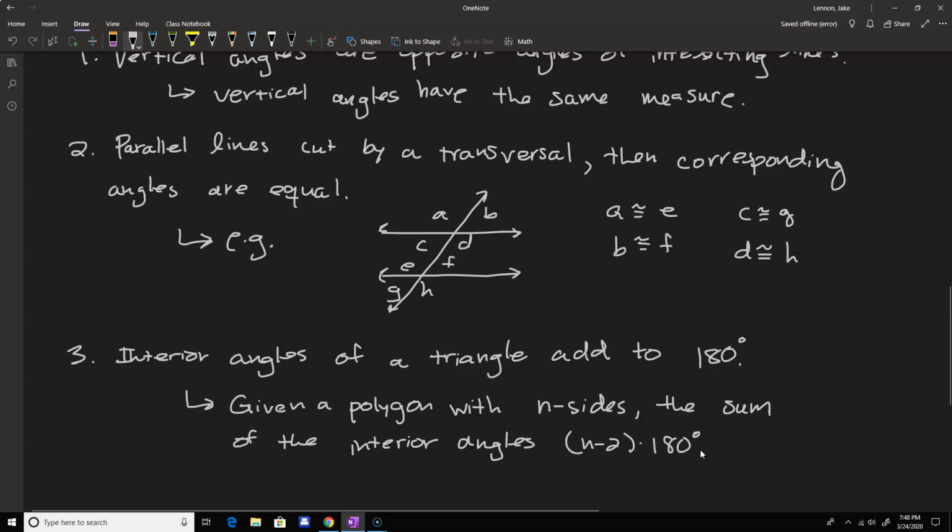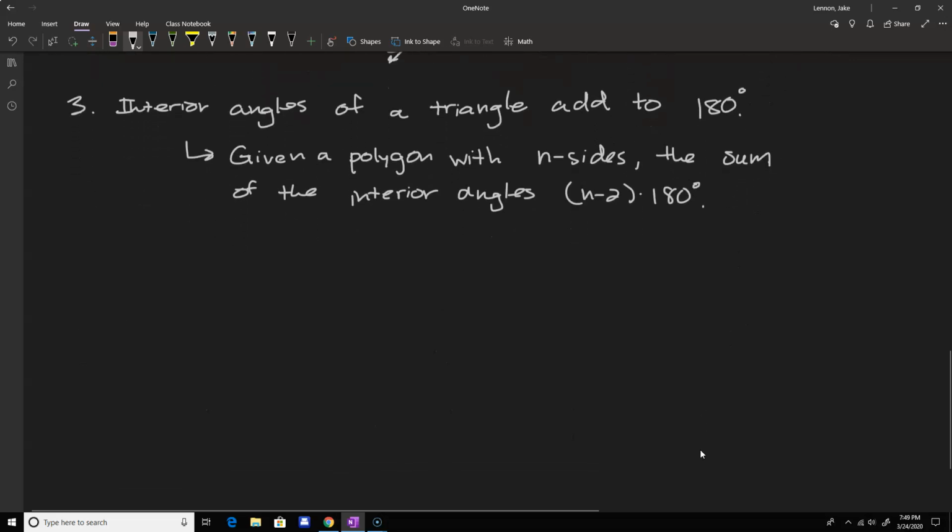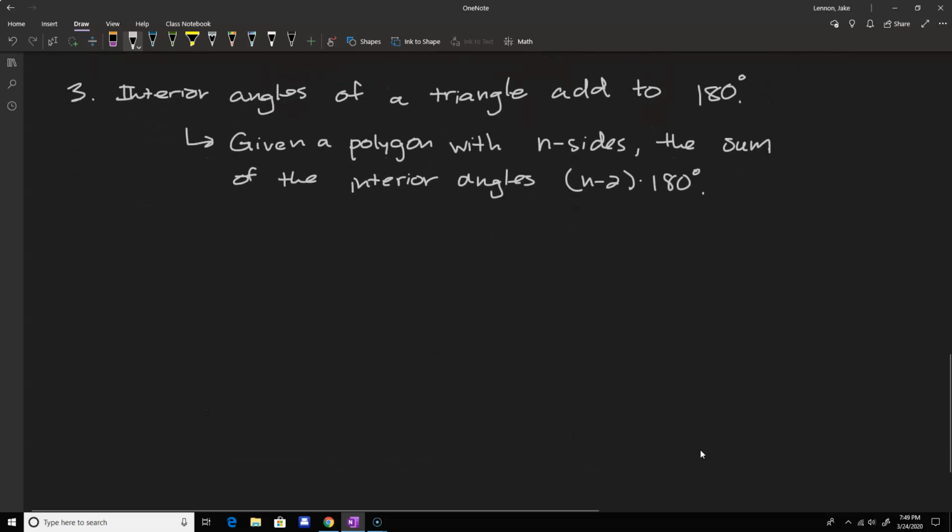So you can see that's true. A triangle has 3 sides, so 3 minus 2 times 180 is 180 degrees. If we did it for a rectangle, it has 4 sides, so 4 minus 2 times 180 would be 360 degrees, and so on. So let's go ahead and look at some examples where we're just solving for the missing angles.